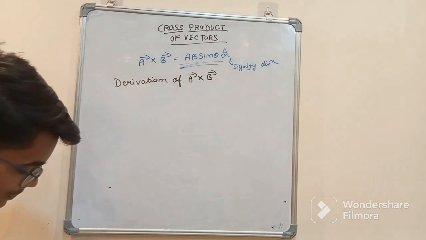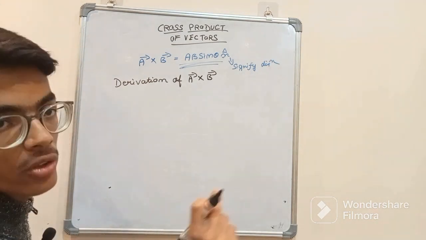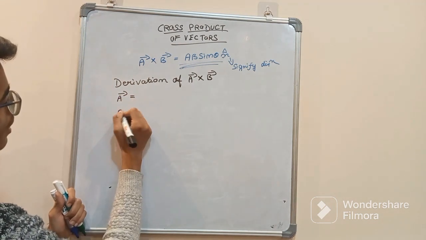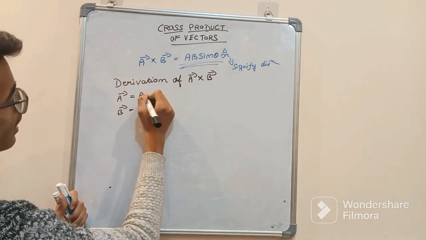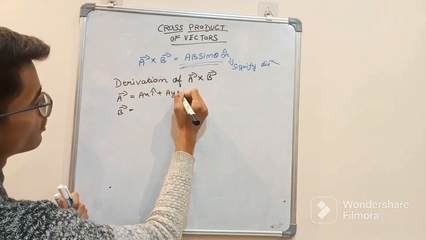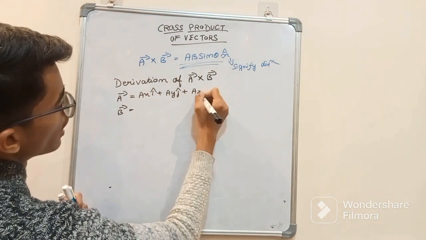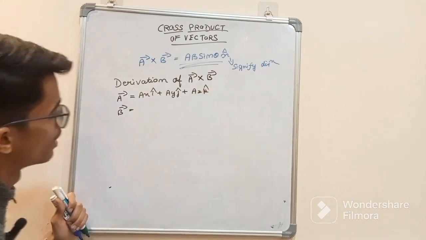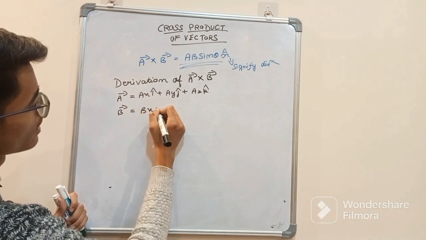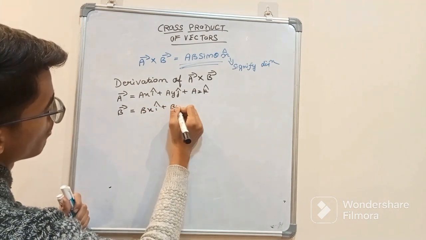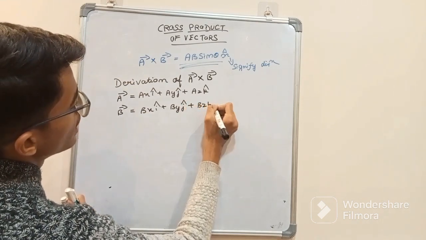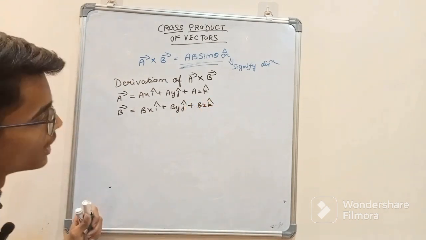Now, we know the general vector form of A vector and B vector, that is AX i cap plus AY j cap plus AZ k cap, and this is B vector, that is BX i cap plus BY j cap plus BZ k cap.